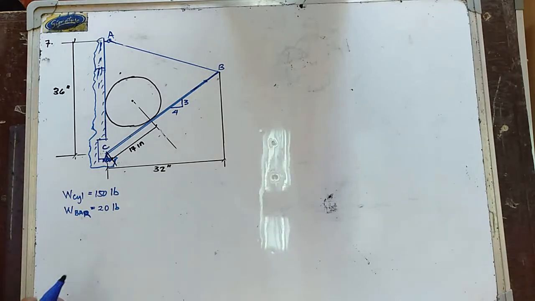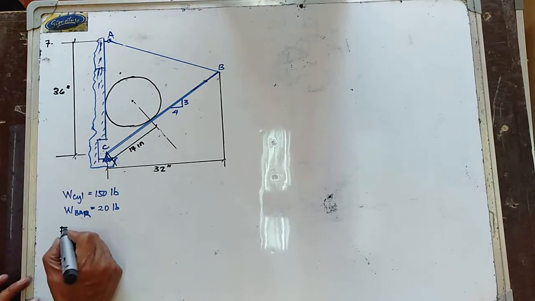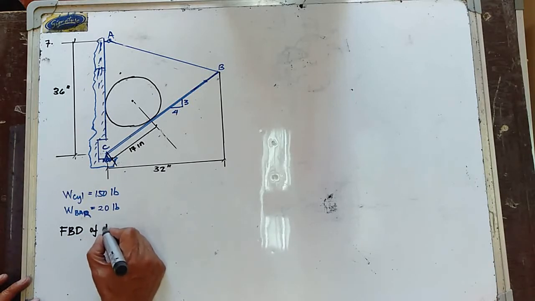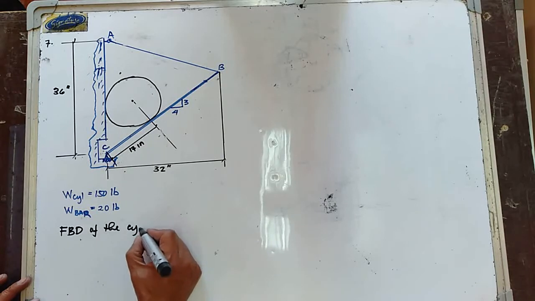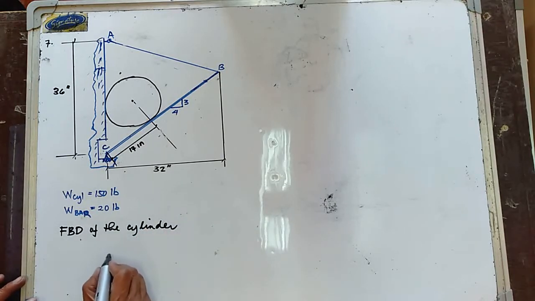So first, let us try to draw the free body diagram of the cylinder. So this is now the free body diagram of the cylinder. So we have your cylinder, and that is the center of the cylinder.